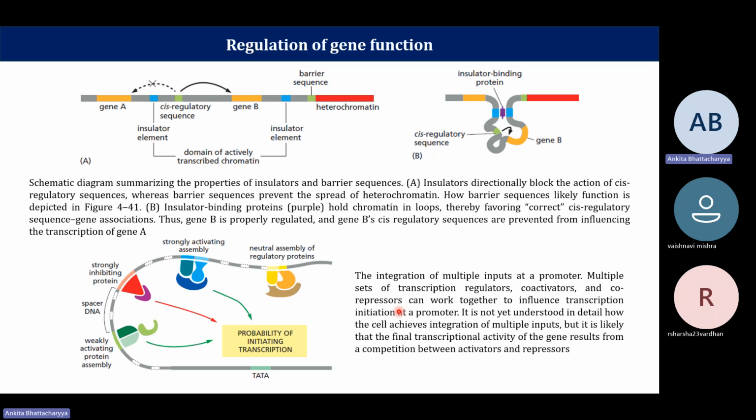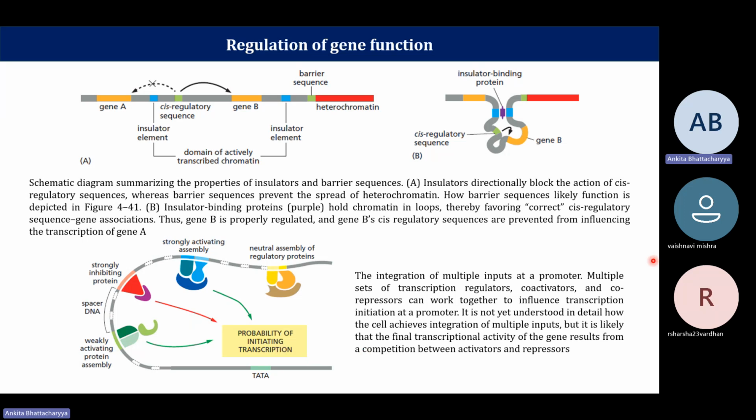So here is what we understand, that when multiple inputs are present at a promoter, for example, there can be a neutral assembly of regulatory proteins, a strong activating assembly, a strong inhibitory assembly, or a weakly activating protein assembly. So all of that is taken into consideration.